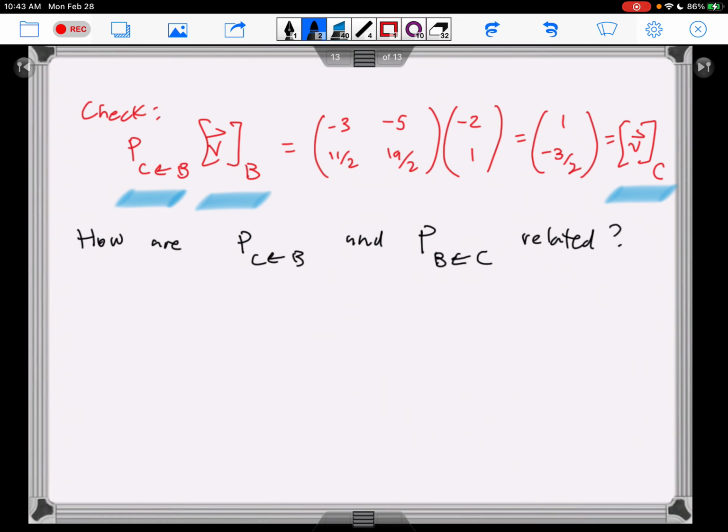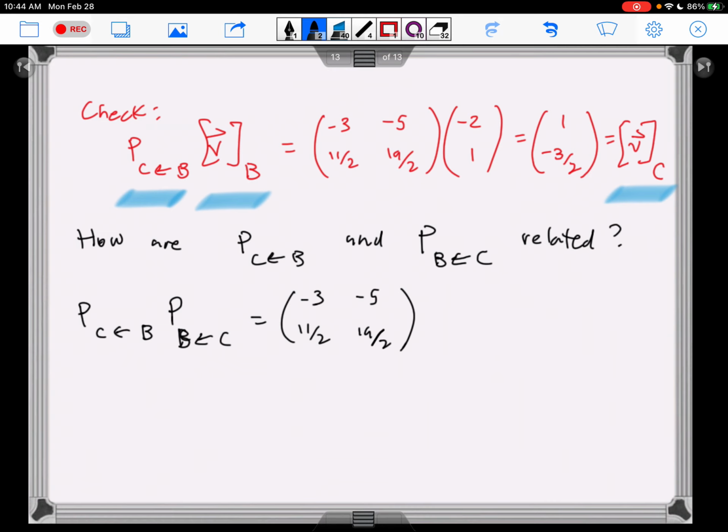What happens when we multiply them together? P from B to C times P from C to B, change of basis matrices going in either direction. What happens when you multiply the matrices together? Remember, P from B to C was -3, 11 halves, -5, 19 halves.